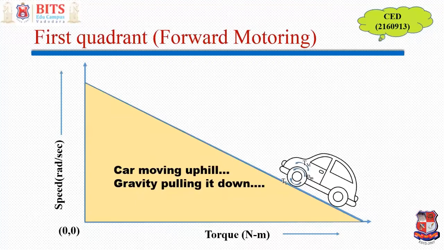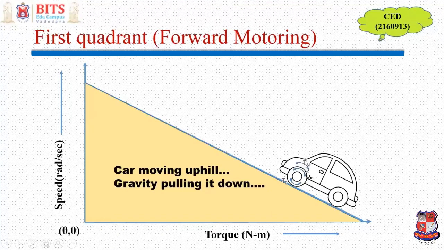So the first quadrant is when you are moving the car on a level track or uphill. Uphill will give us a better indication. So when the car tries to move uphill, the gravity or load torque tries to pull it down. That means the load torque is acting in a clockwise direction, which will bring that car down if nothing is done.